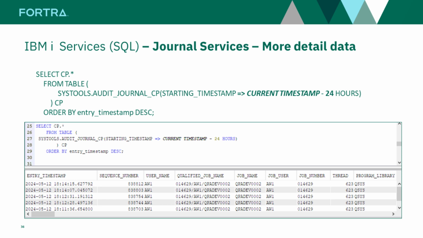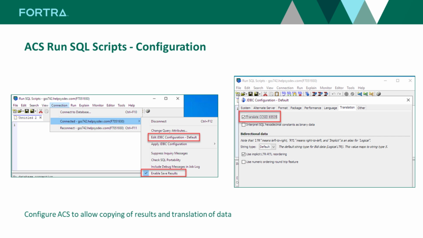So there's no temporary table getting created. There's no having to download things or write additional queries. You can do all of that now directly through those SQL services. And I'll have some more examples in the last section of the slide deck.